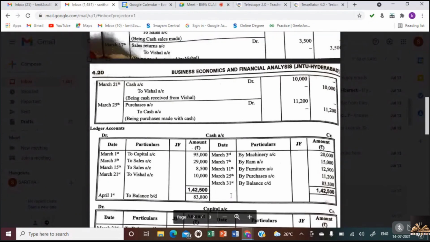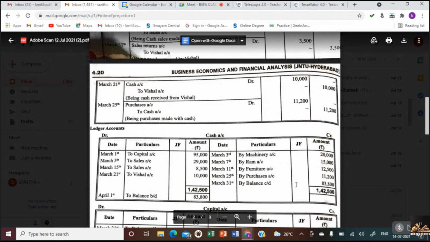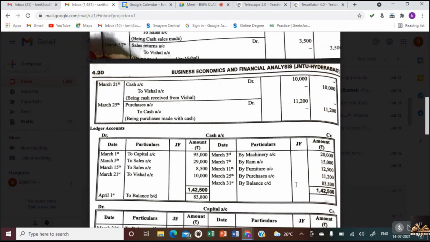Deduct 58,700 from 1,42,500. 83,800. The balancing figure. Remember always, this is known as balancing figure. What you need to write is by balance carried down 83,800. Is it clear, Nana?